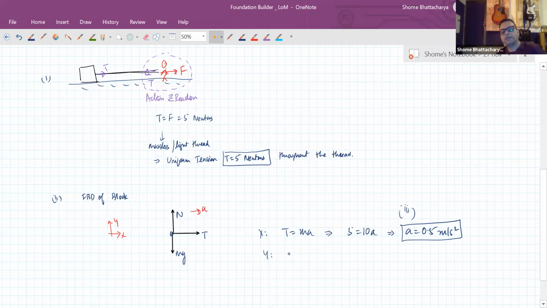Along your y-axis, N minus mg should be 0, so the normal reaction force that the ground is applying has a magnitude equal to 100 newtons, which is the weight of the block, assuming g is 10 meters per second square.